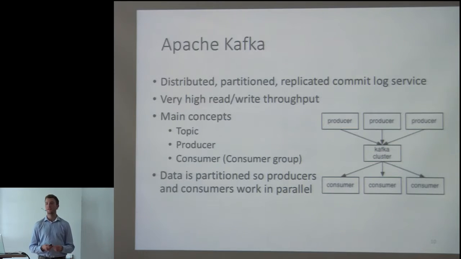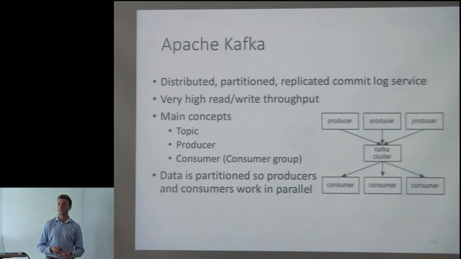Producers are units that write to specific Kafka topics. Each topic has more than one partition, and the producer can select which partition to write to, how to partition their data. We have consumers. Consumers read from topics.